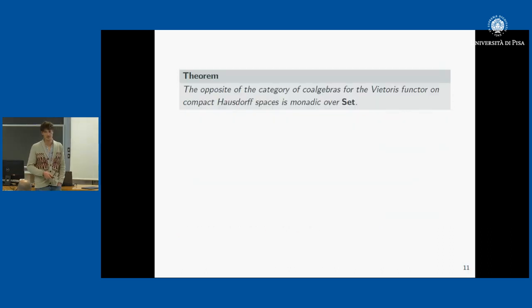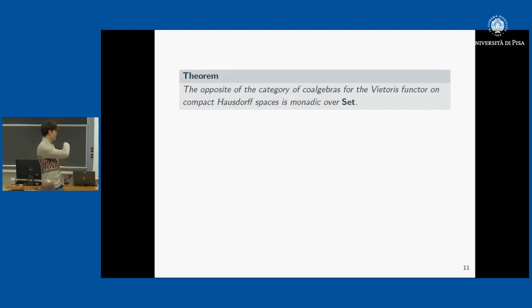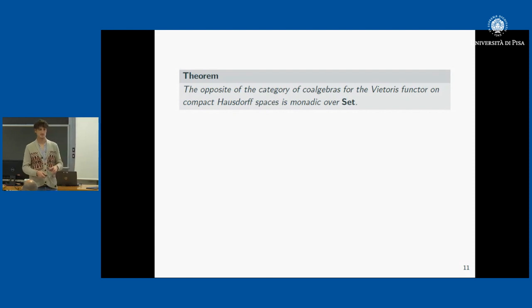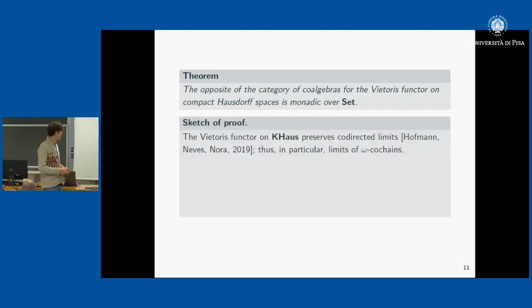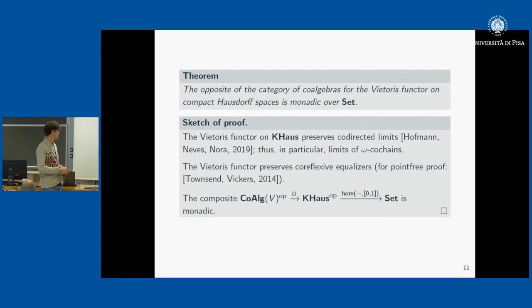And so we apply this to what we wanted. If we take the opposite of the category of coalgebras for this Vietoris functor on compact Hausdorff spaces, this is monadic over Set. We show that the hypotheses of the previous theorem are satisfied.